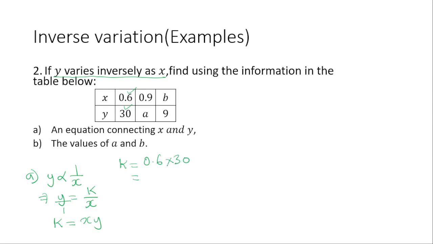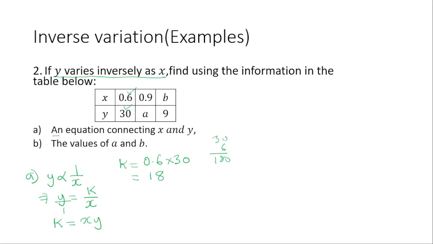When we multiply these two values, we have 18 because we have one decimal place there. So k will be equal to 18.